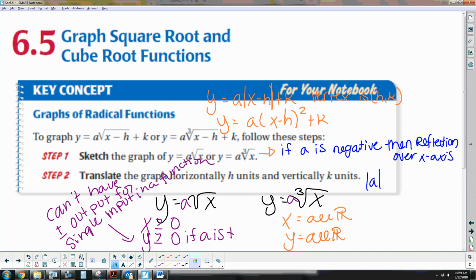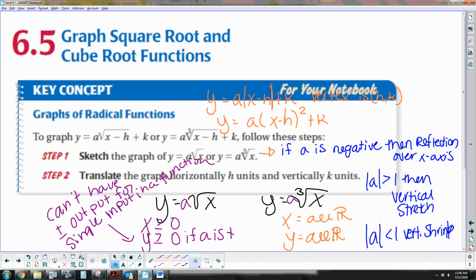If the absolute value of a is greater than 1, then we have a vertical stretch. And if the absolute value of a is less than 1, we have a vertical shrink. Okay, so that's a summary from the last video.